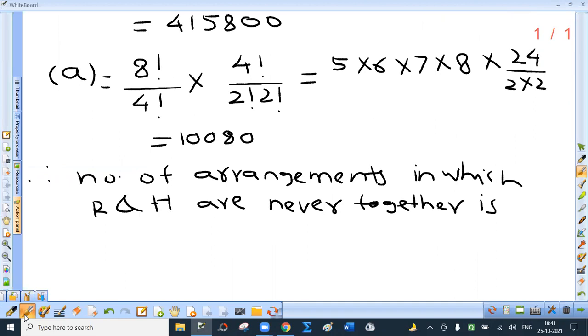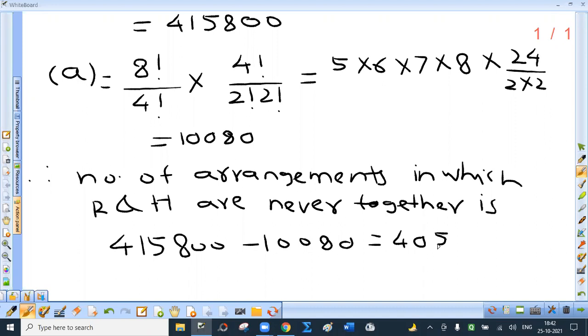From the total number 4,15,800, subtract this 10,080. See what you get. I think 4 lakh 5,720. Is it? Yes.